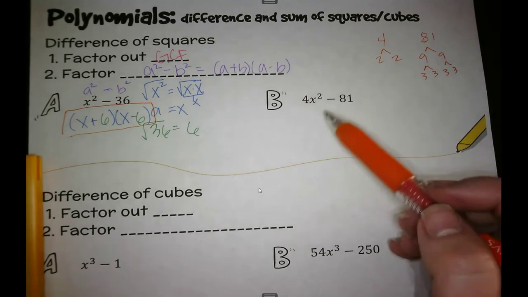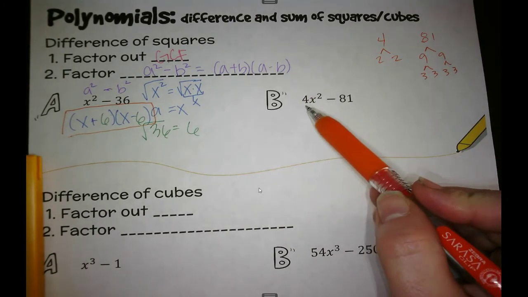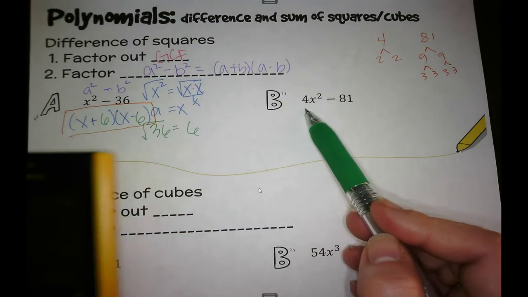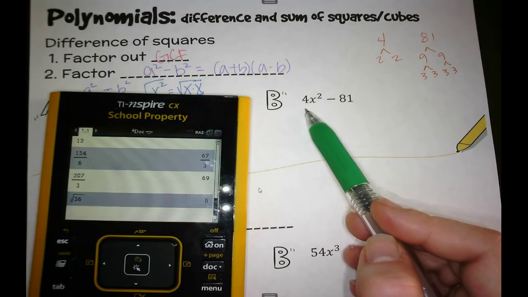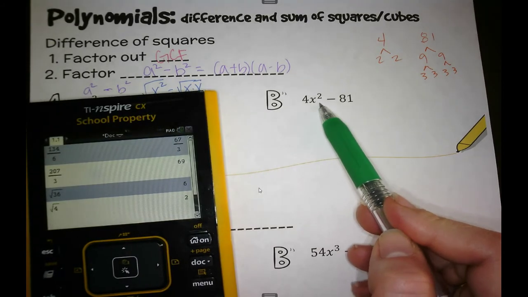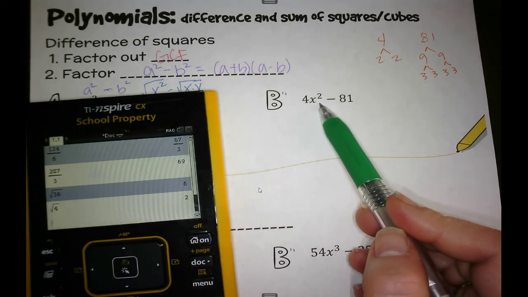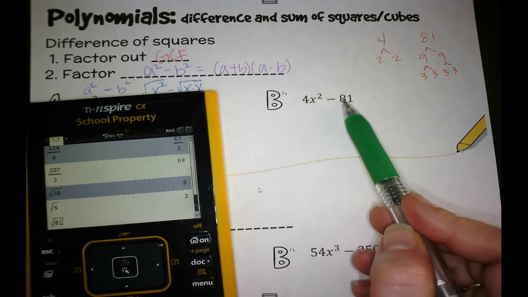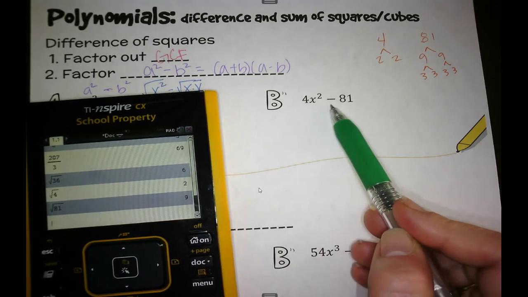So we need to do something special here. Is 4 a perfect square? The square root of 4 is 2. And x squared, the square root of that is just x. And is 81 a perfect square? That's 9. And since it's minus, then we have the difference of squares here.